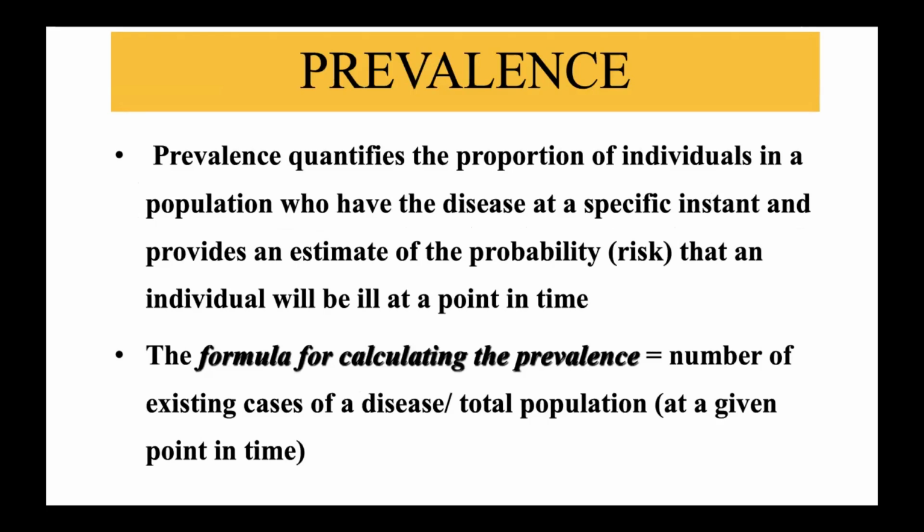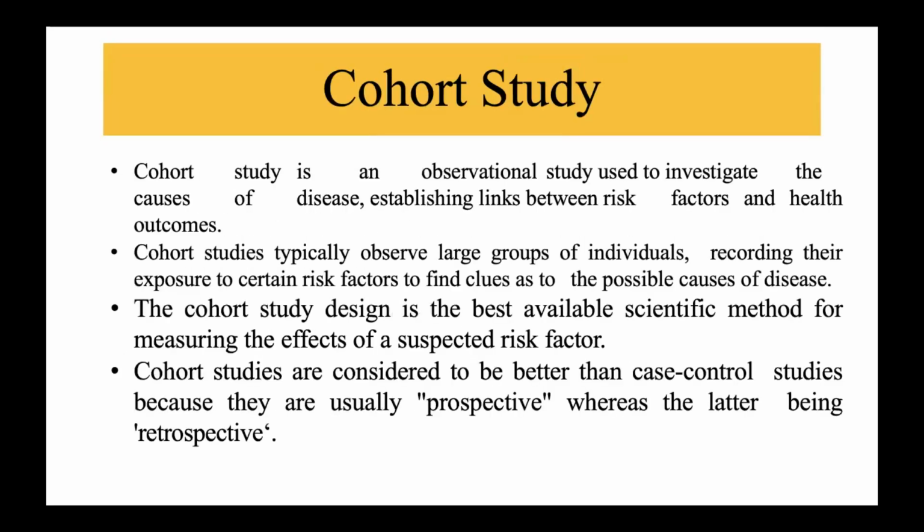The prevalence quantifies the proportion of individuals in a population who have the disease at a specific instance. The prevalence is going to show you the risk factor that the MBBS students face in 5 years from the first year to the final year. This is the formula. This is very simple to calculate. This is the incidence that we have.